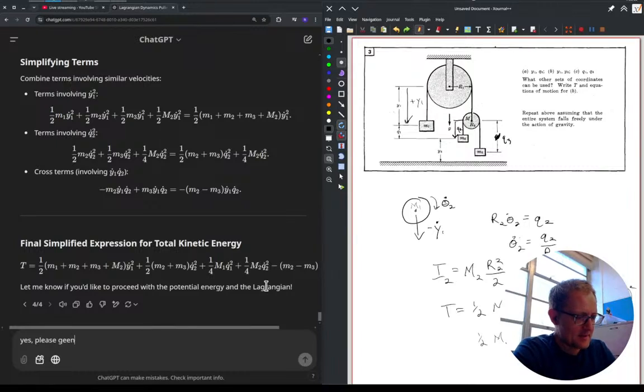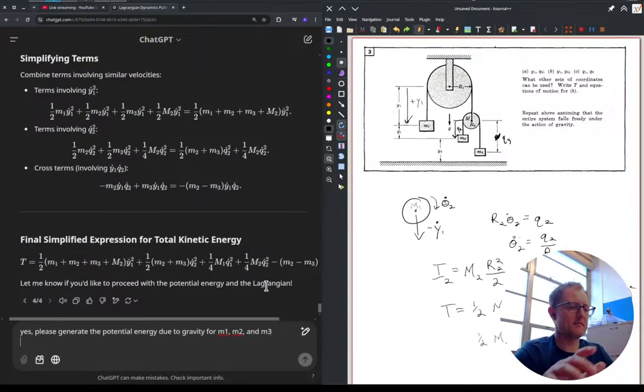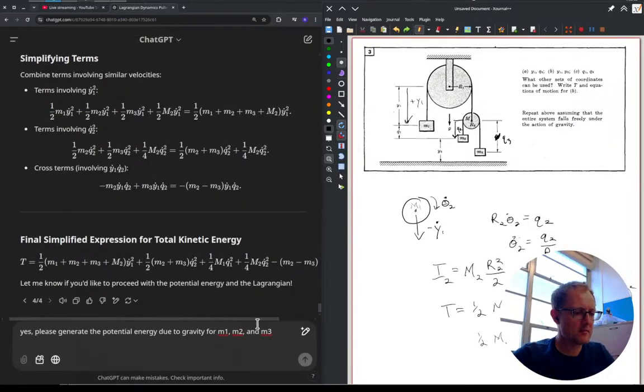yes, please generate the potential energy due to gravity for M1, M2, and M3. Oh, it won't let me.